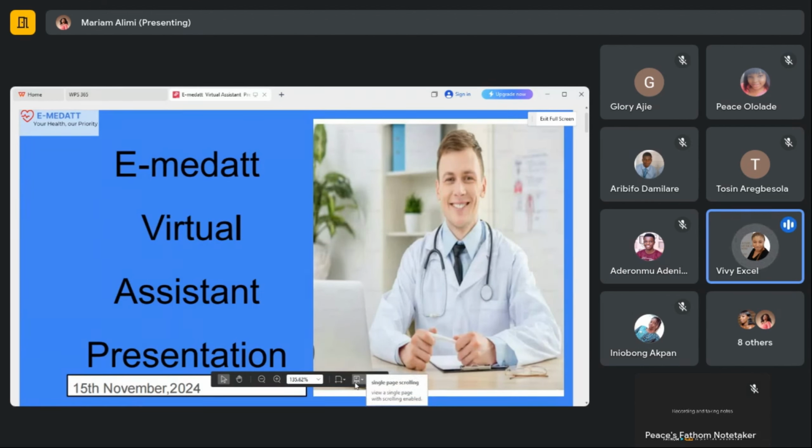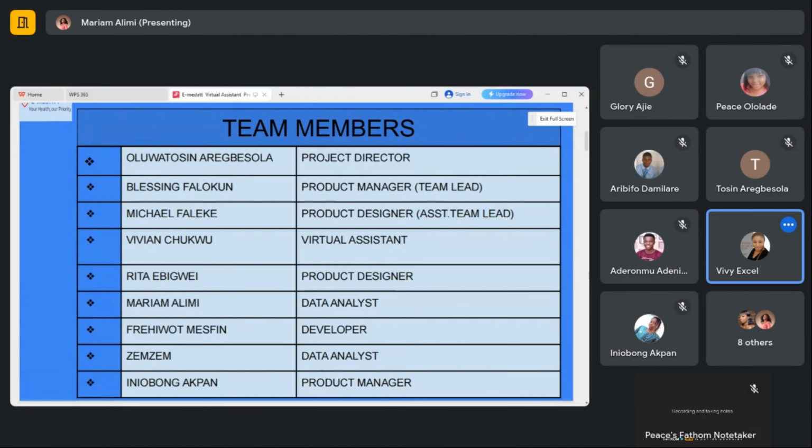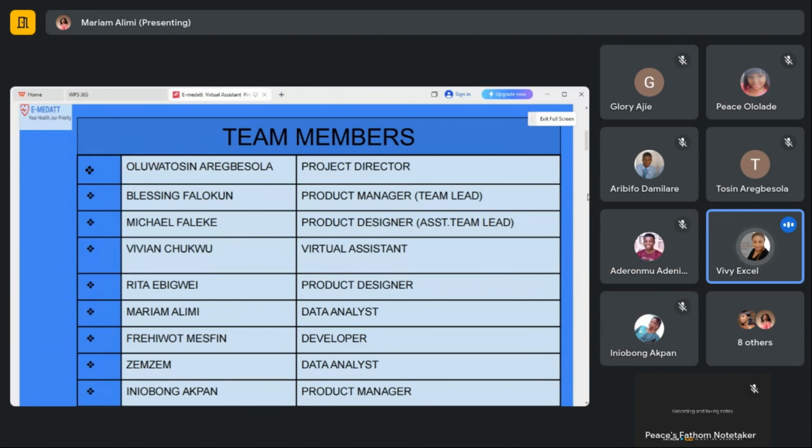Sorry, please, Miriam, go to the other slide. Move to the other slide, please. Okay, thank you. This is our team, from our project director, Dr. Oluwatosin, and the other people here. Please move on.